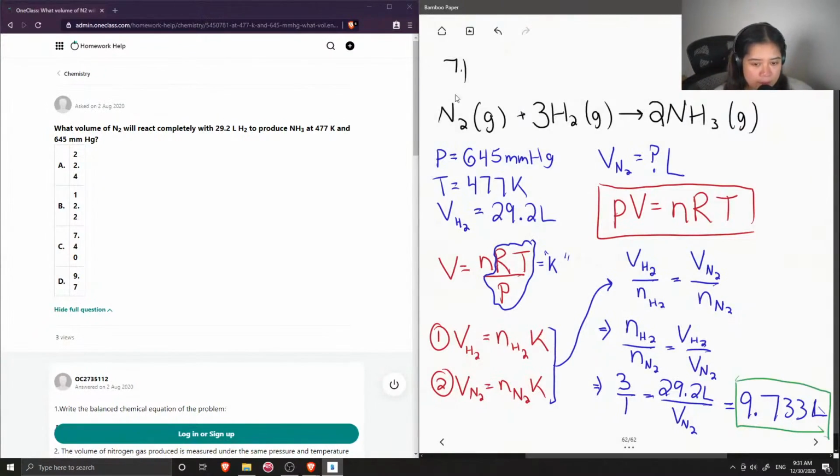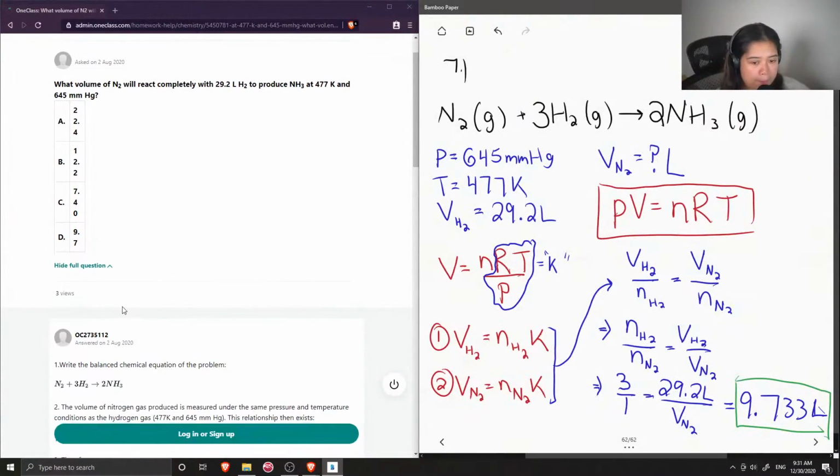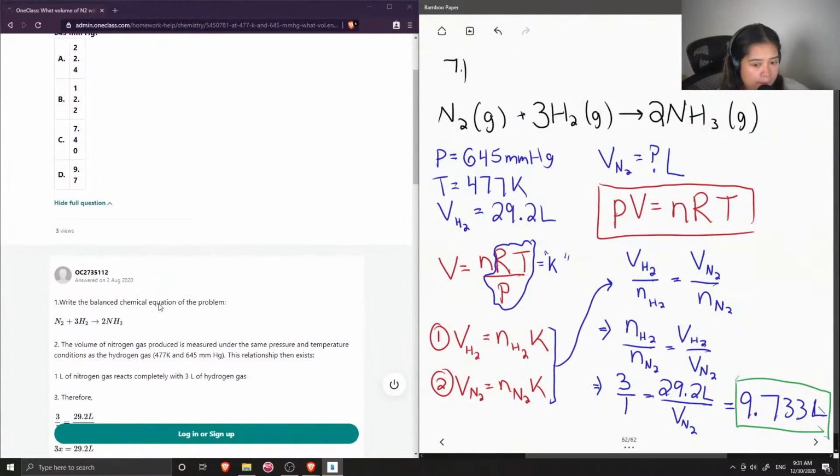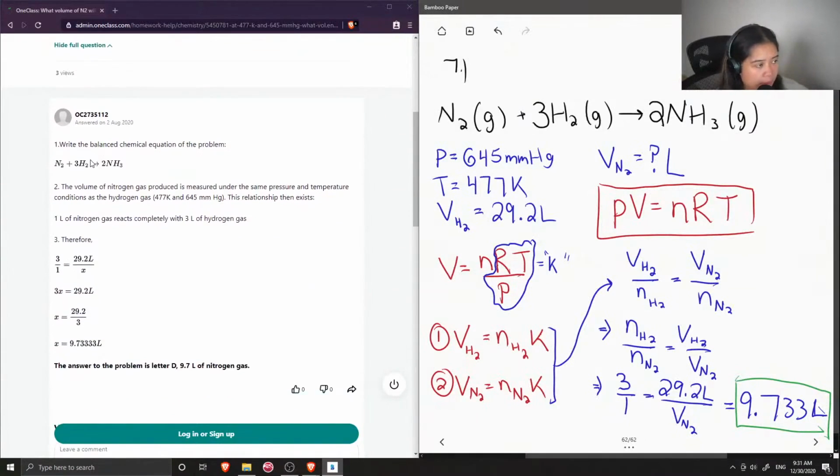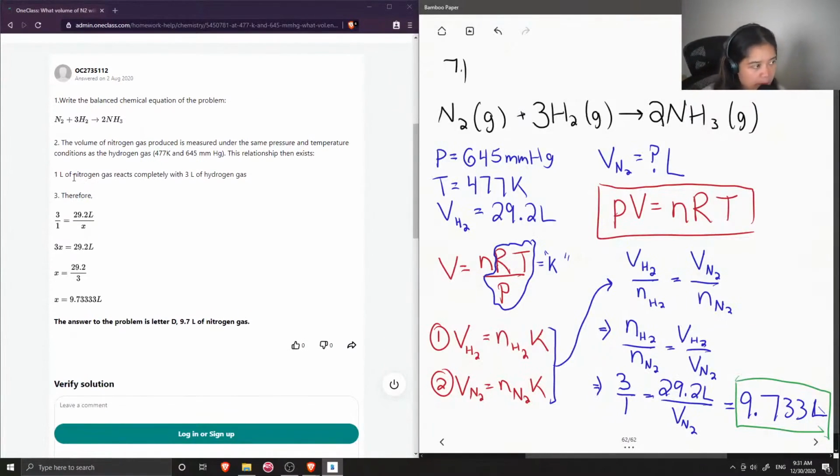Okay, so let's see what the junior tutor said. Write the balanced chemical equation of the problem. So N2 plus 3H2 makes 2 NH3. The volume of nitrogen gas is produced and is measured under the same pressure and temperature conditions as the hydrogen gas.